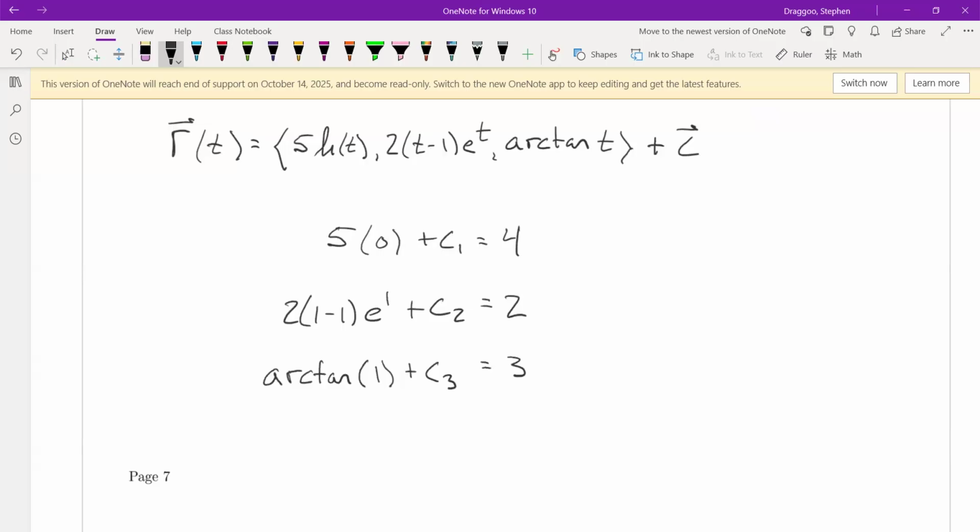And we want to go solve each of these. c1 looks pretty straightforward. It's got to be 4, since that bit is 0, right? Natural log of 1 is indeed 0. For the next part, that's 0 plus c2 equals 2. So c2 is equal to 2. For c3, we'll just need to remember some stuff about the arctangent function.